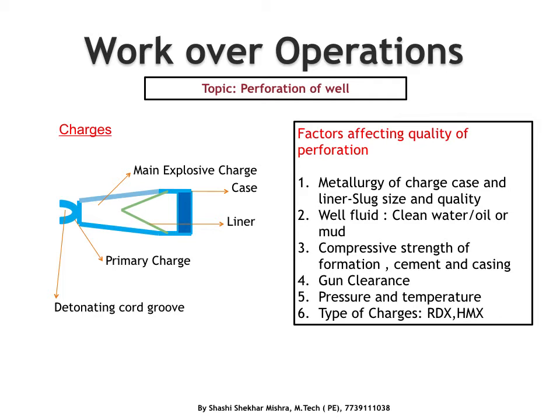So ideally it should be 0 to 0.5 inch clearance. With TCP we have less clearance and achieve good penetration compared to the through tubing gun.